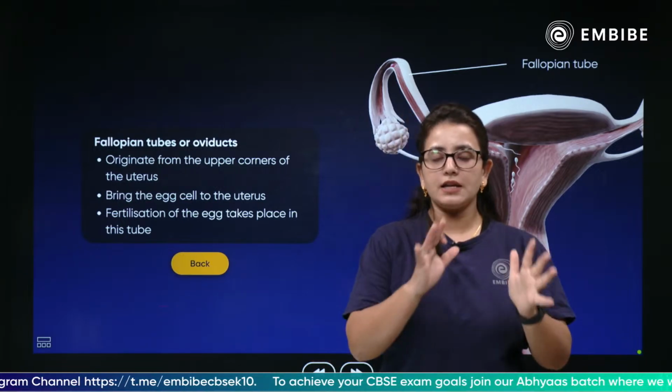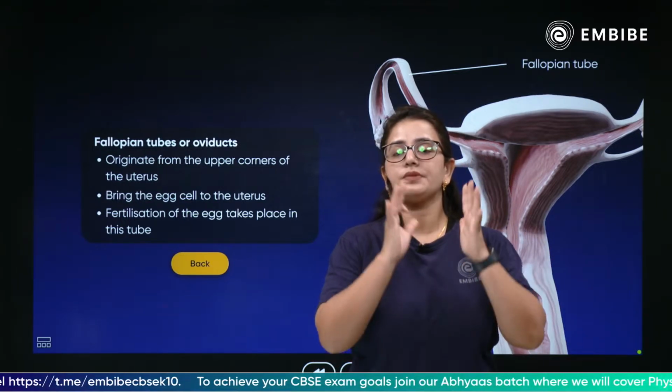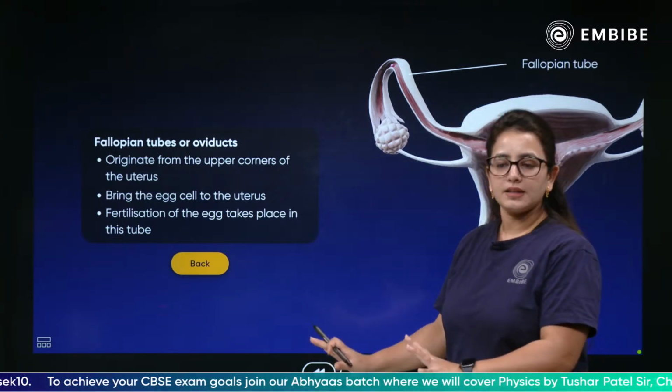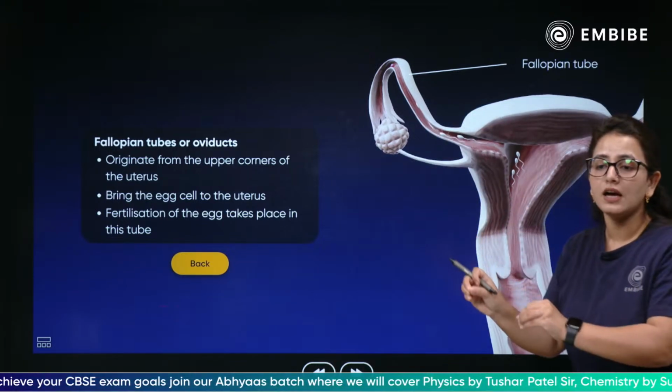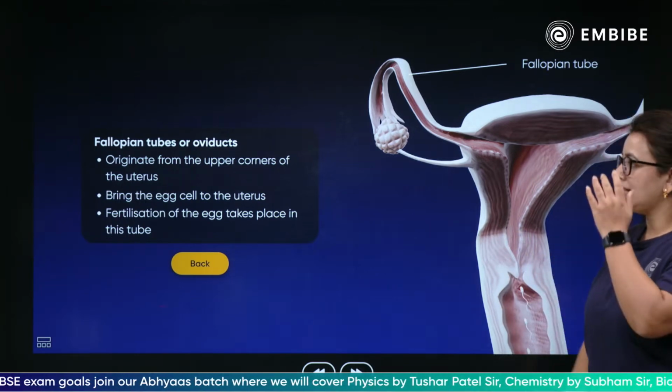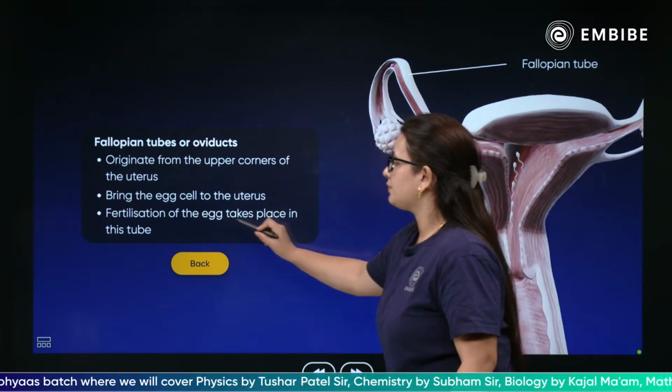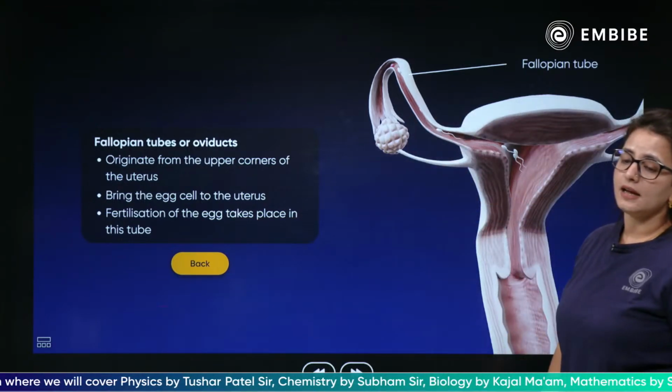After the fertilization, after the fusion, the rest of the work will be done by the uterus. It will go and implant on the uterine wall. It brings the egg cell to the uterus, and fertilization of the egg takes place inside the fallopian tube.